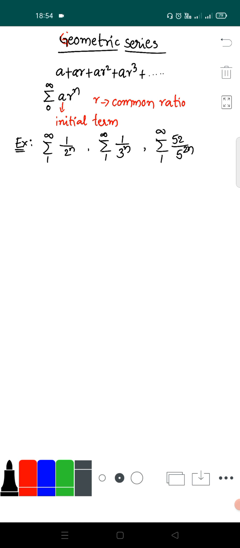These are some examples of the geometric series. Now we see how to solve this geometric series.